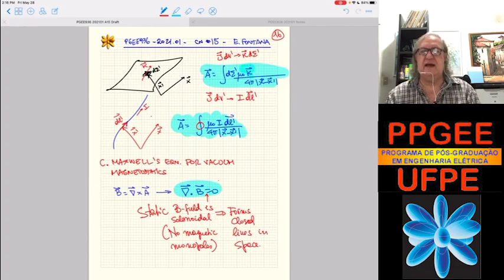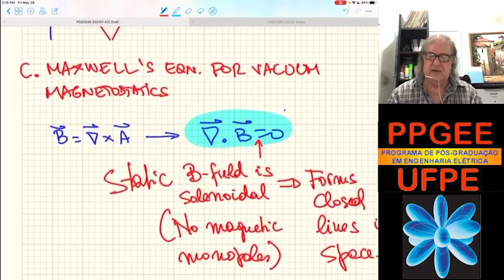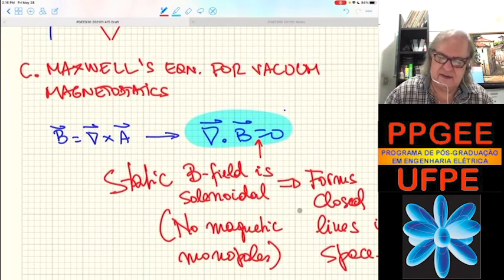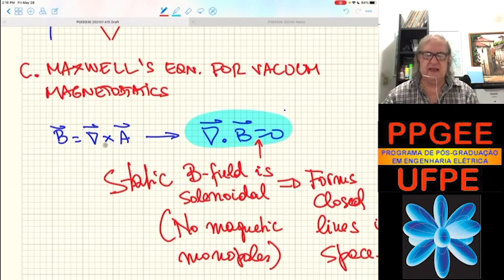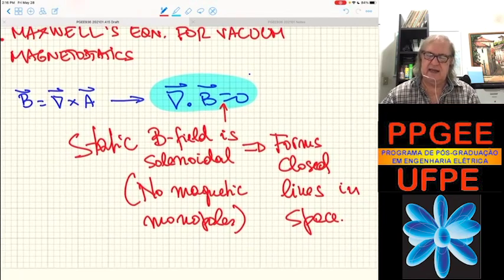Now that we have a potential introduced in the problem, we have one equation. If B is the curl of A, we know that B is going to be a solenoidal field, because every field that's derived from the curl of A is solenoidal. So the divergence of B equals 0 means that there is no magnetic charge, because if there were magnetic charge, we would have something not zero on the right side.